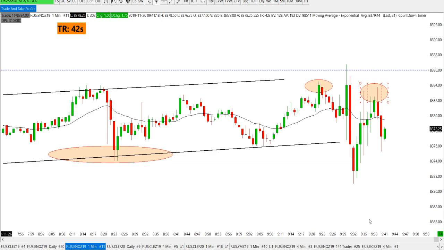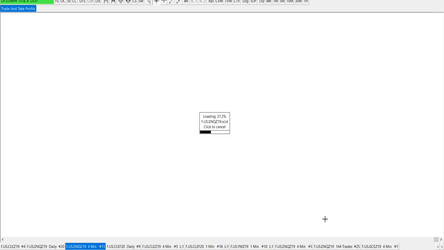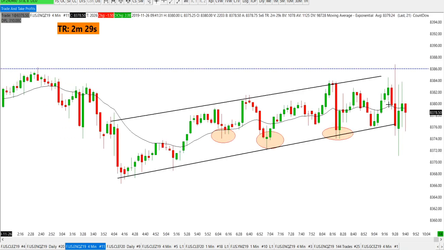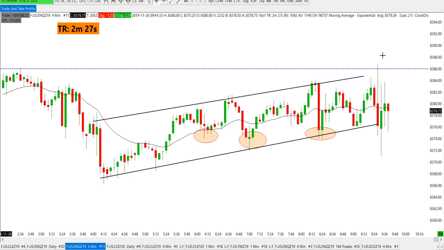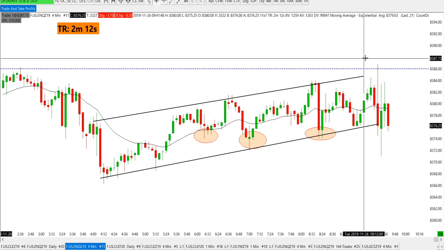We are in a ranging market, and I told you guys before that the structure is telling me there's a strong possibility we might break to the highs. Why? Because we barely broke out of this channel and buyers came right back in. So there's a strong possibility we can actually go back to the highs.